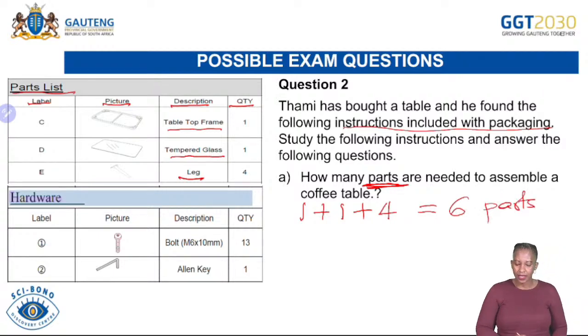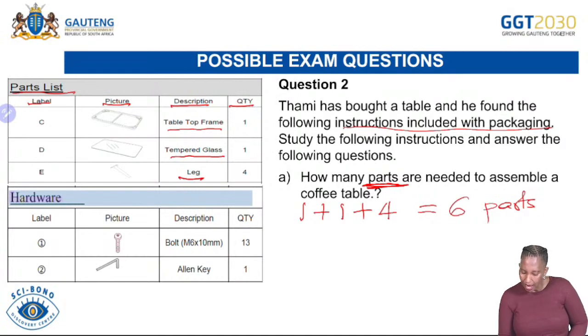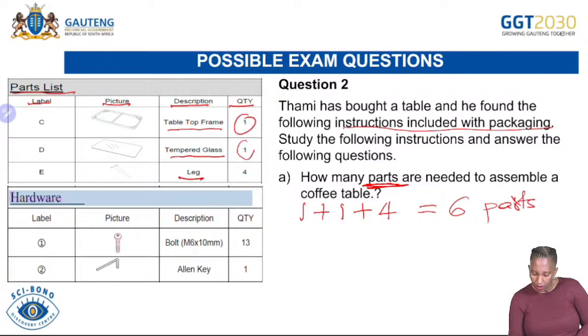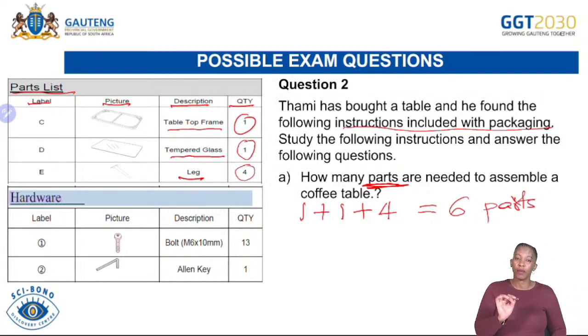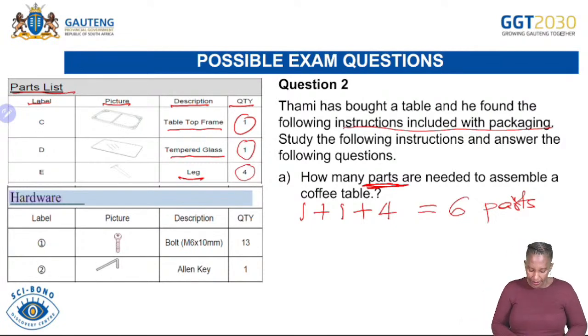We've got 6 parts given, because the question says how many parts are needed to assemble a coffee table. Counting here, you say it is 1 plus 4. We are not talking about the hardware, because the question did not say how many parts including the hardware. It says how many parts. So we are only focusing on the parts.